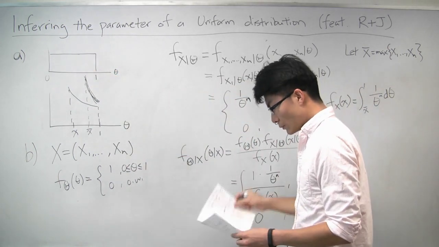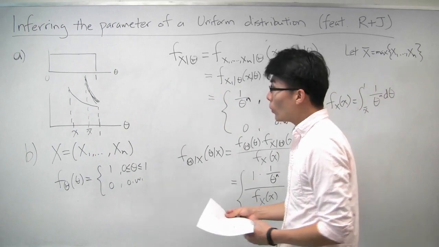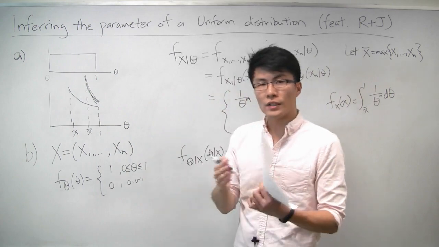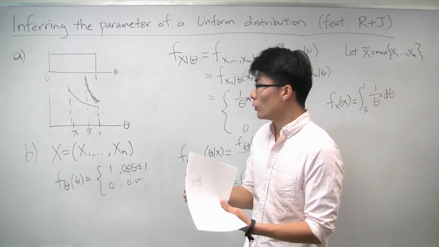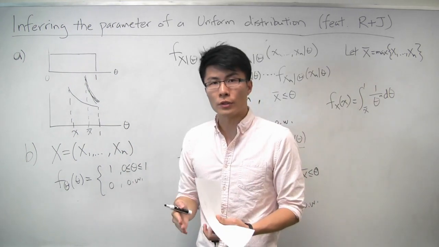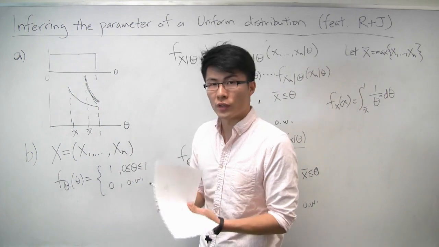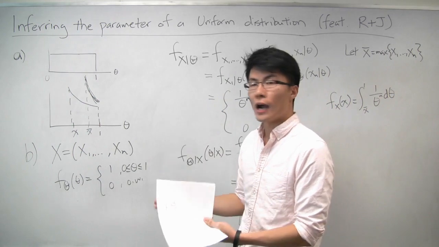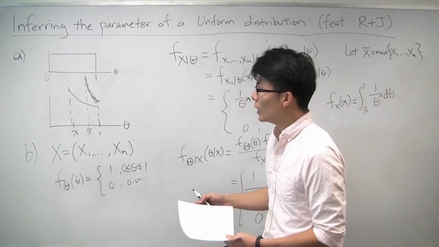Okay. So this is the posterior distribution, which tells you the entire distribution of the unknown parameter, given all the data that you have, plus the prior distribution that you have.